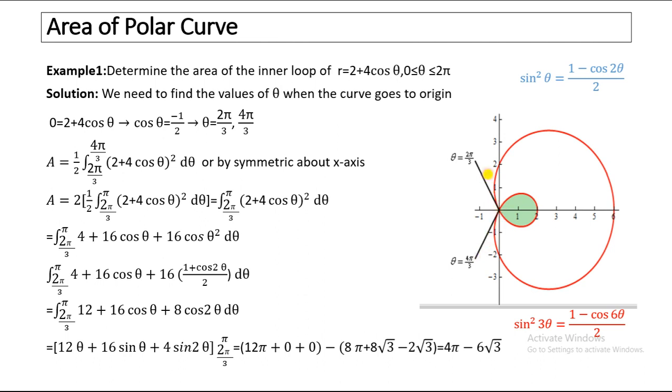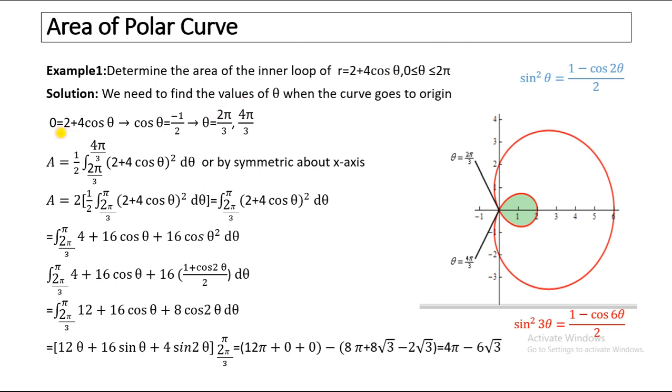I want to find this angle and this angle by making this curve equal to 0, because at this angle r equal 0 and at this angle r equal 0. Therefore, I make r equal 0.